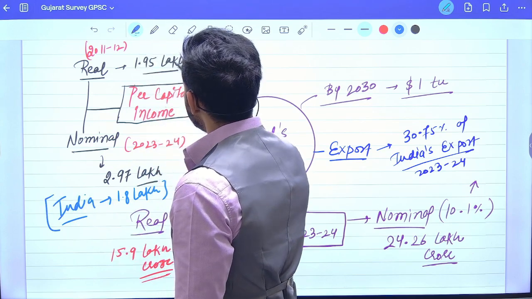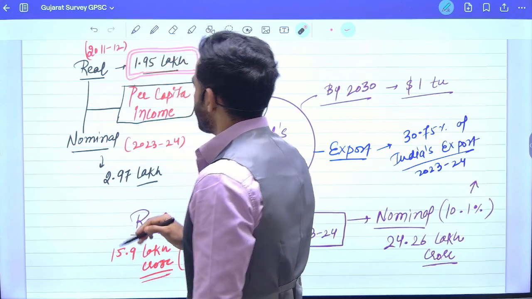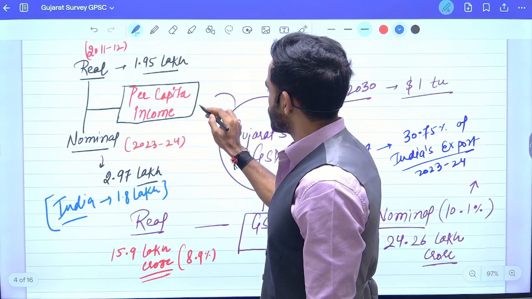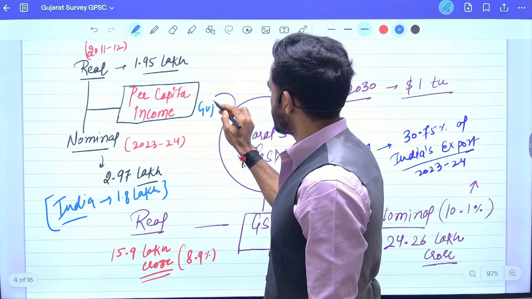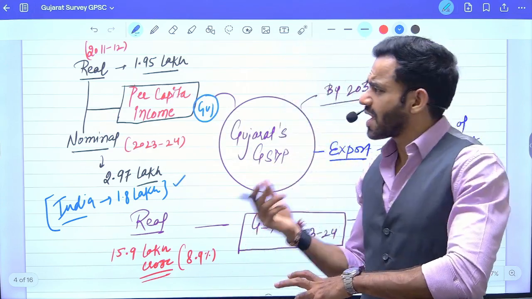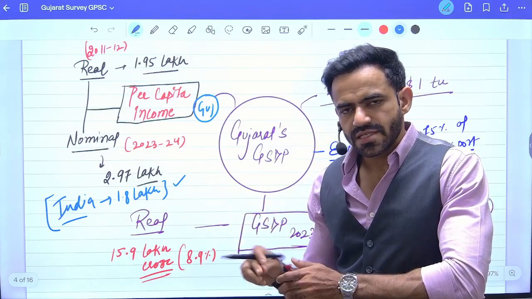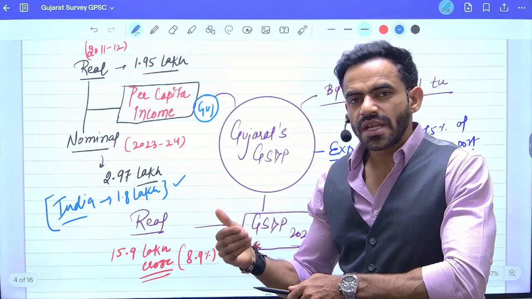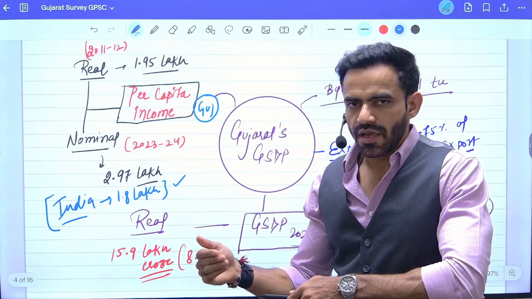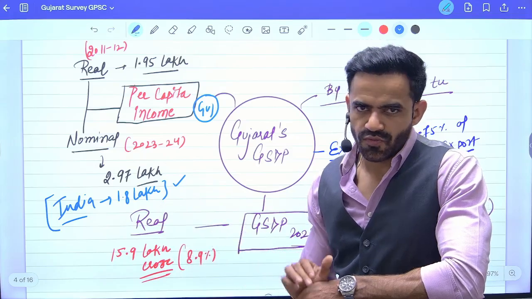What is the real per capita income? It is 1.95 lakh. This is about Gujarat. So can I simply say, on average, the nominal per capita income is roughly 3 lakh rupees annually, and the real per capita income is roughly 2 lakh rupees in the case of Gujarat.